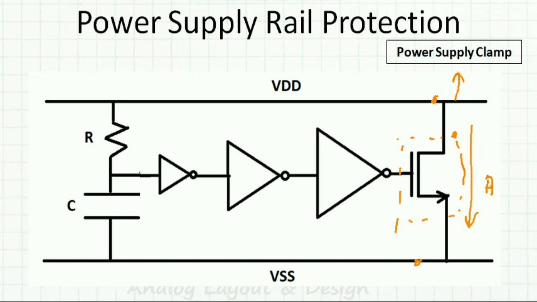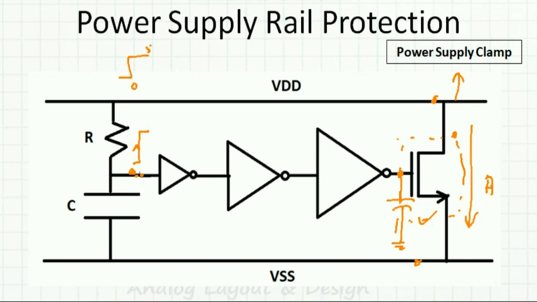So when I have a very big device, what happens to the capacitance here? Because we have CGS and CGD, this gate capacitance will be very big. Now this RC circuit is a small circuit which triggers this. Whatever change happens here, 0 to 5, we will also get it here.